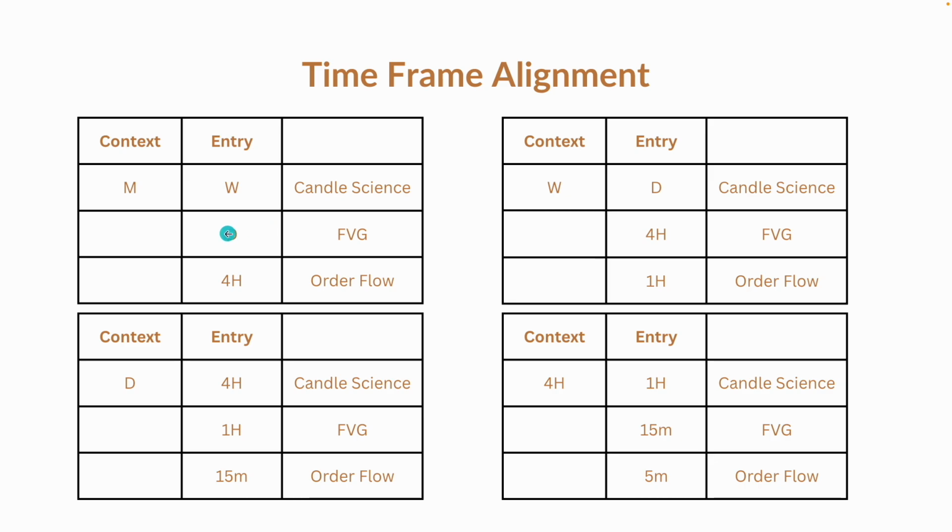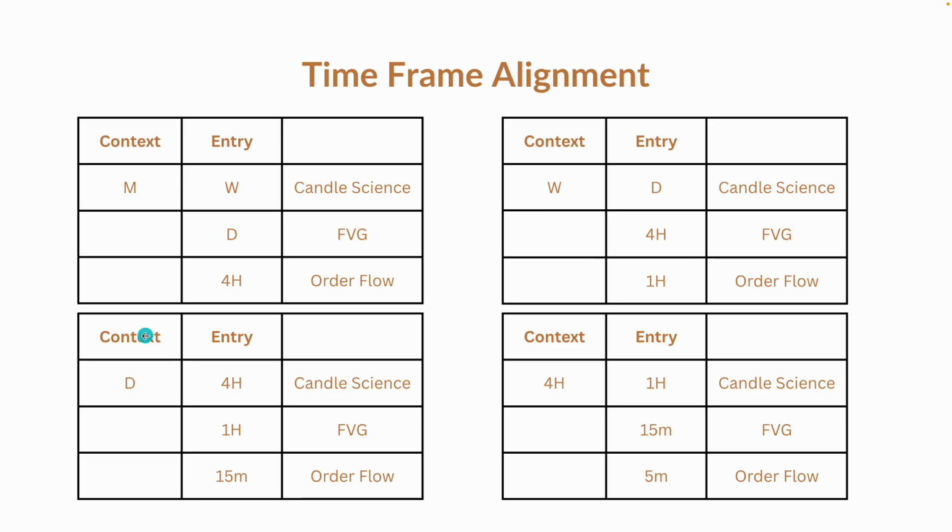If it is on the daily time frame, 2 time frames below, then it is a fair value gap. If it is 3 time frames below, at 4 hours, it should be an order flow. Similarly, for weekly context, 1 time frame below, it could be candle size, 2 time frames below, on 4 hours, it will be a fair value gap, and 3 time frames below, it will be an order flow.